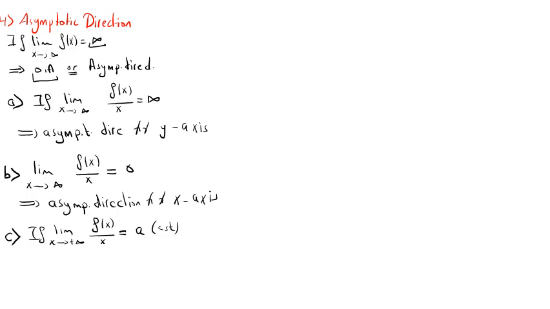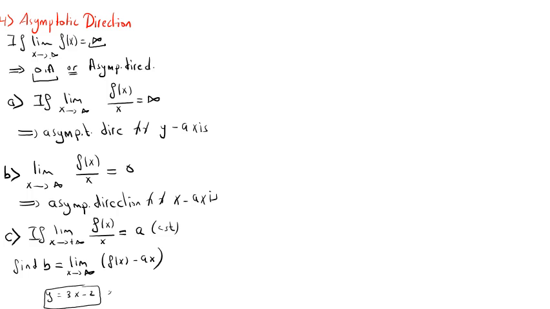Now, how do we find b? b is equal to the limit as x tends to infinity of f of x minus ax. For example, if a is equal to 3 and the answer of this limit is equal to minus 2, then y equal 3x minus 2 will be the equation of the oblique asymptote. But usually the question will be to show that y equal 3x minus 2 is an oblique asymptote.